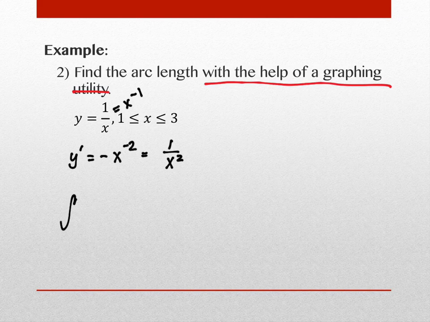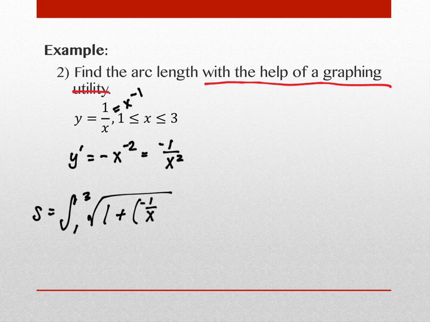You're going to do the integral from the limits of integration they give you, which is 1 to 3. This is my arc length of the square root of 1 plus either of those versions. Since I changed mine, there's a negative missing: negative 1 over x squared, squared, like this. If you want to leave it written as negative x to the negative 2, that's fine too.